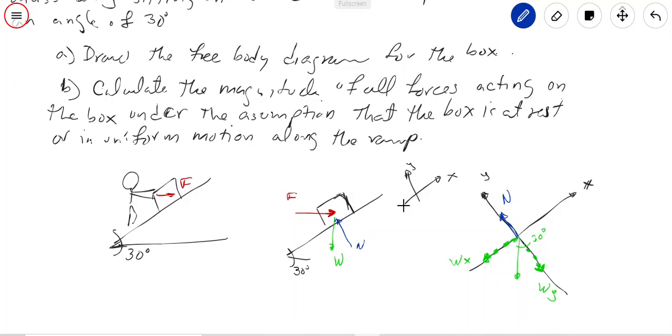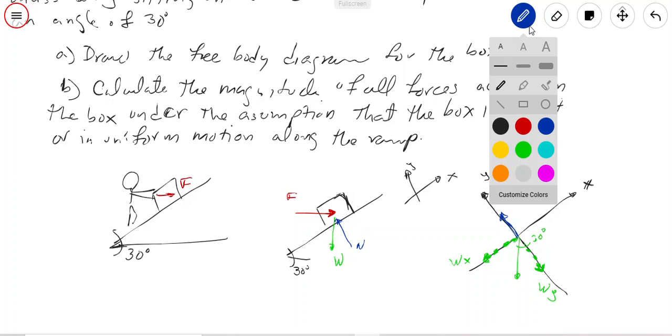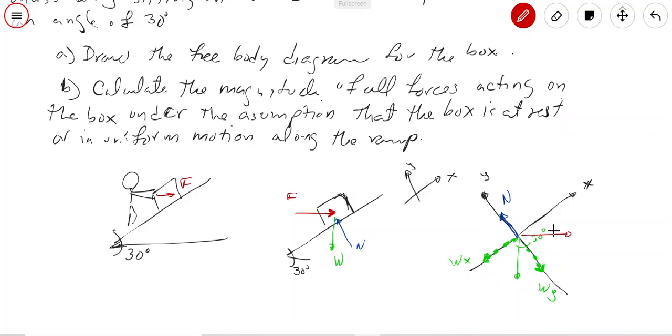And then we have the force F. Let us say there is F acting at this point now here. Okay, and the angle here is 30 degrees.